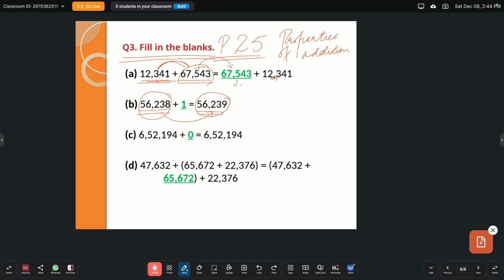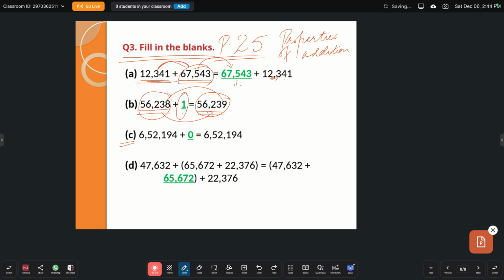Here it is the successor of this number. Why? Because it's 238 here and it's 239 here. It means that it is the successor property. We say that if we add 1 to the number, we get the successor of that number. So the digit that will be in this blank will be 1.